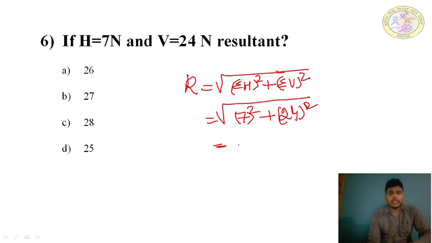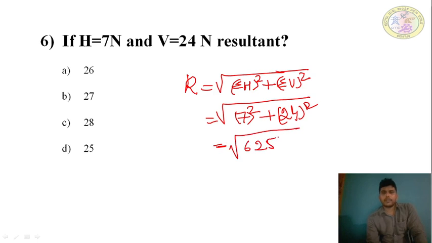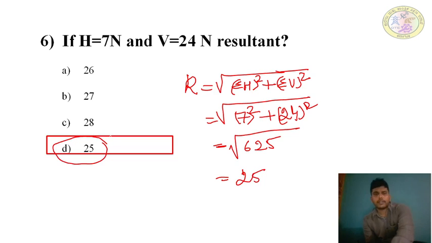Now the answer will be square root of 625 equals 25. The answer is 25 Newton. Yeah, it is the correct answer.